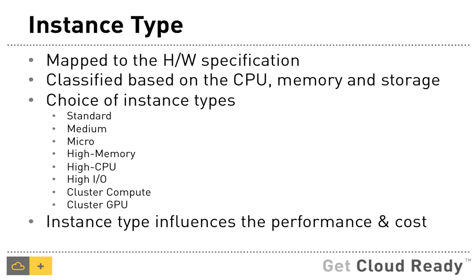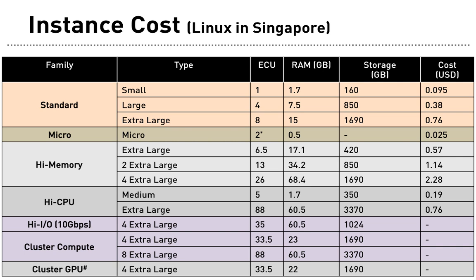So you got to be very clear on what kind of instance type you're going to choose. You essentially pick an existing AMI and apply that to an instance type and launch your instance, or the virtual machine. Now this table presents the comparison, including the pricing details of various Linux instances launched in Singapore.